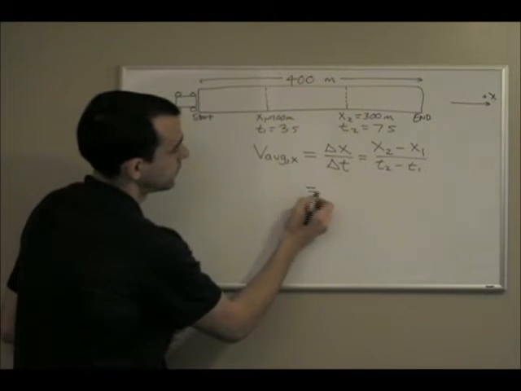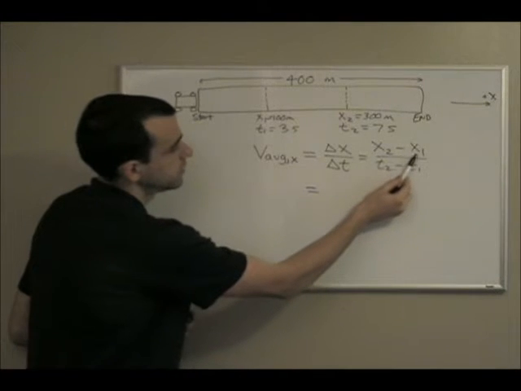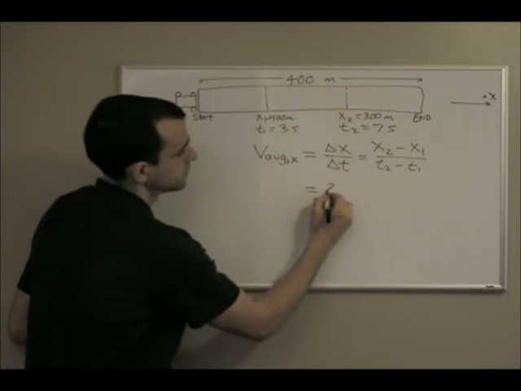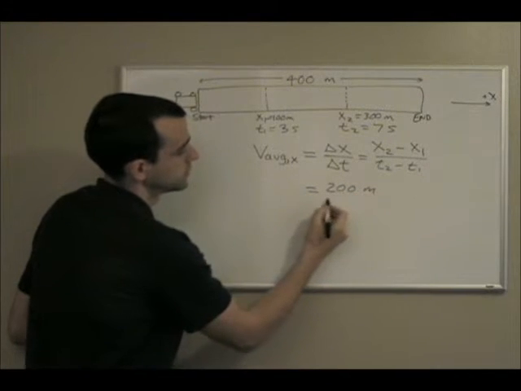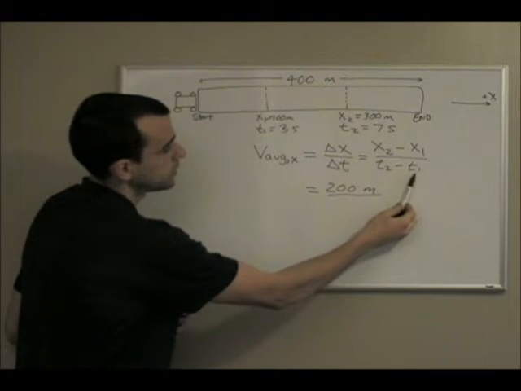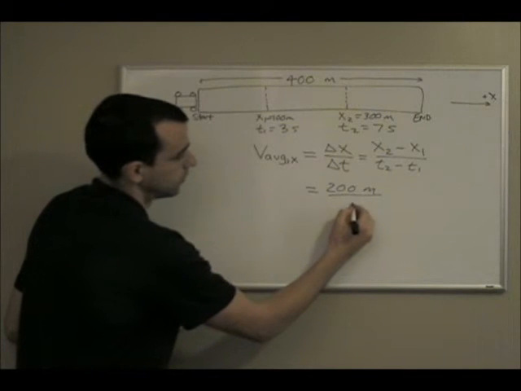Again, we plug this into our V average equation. Here, x2 minus x1 is 300 minus 100, so that's 200 meters it's traveled between those two lines. And t2 minus t1 is 7 seconds minus 3 seconds, or 4 seconds.